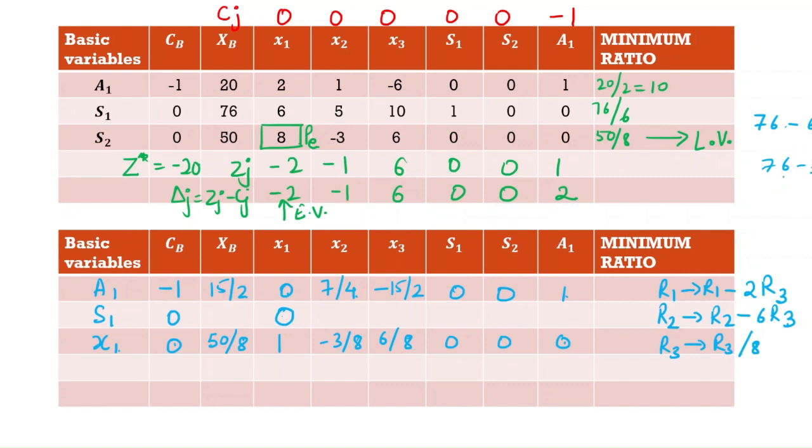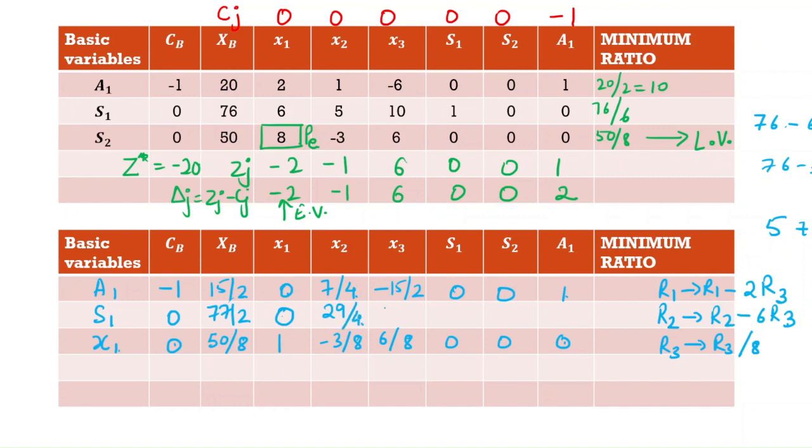So here I'll be getting the answer as 77 by 2. This would be 5 minus, plus 6 3s are 18 by 8. So 9 by 4, 29 by 4.